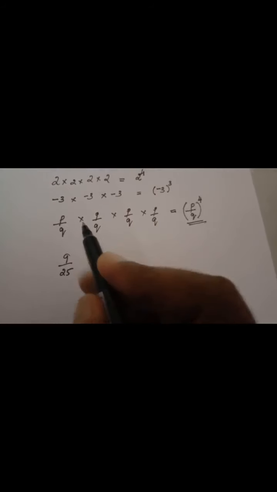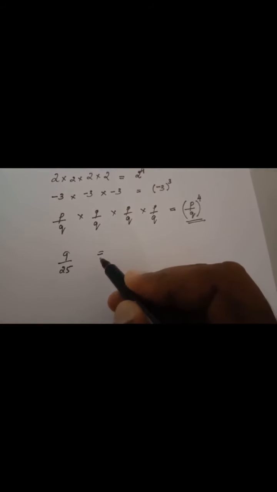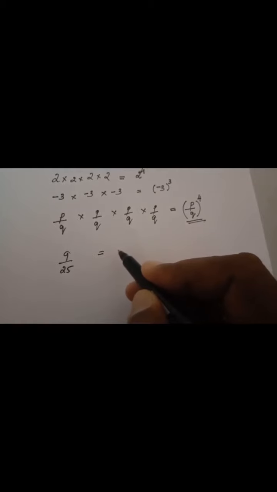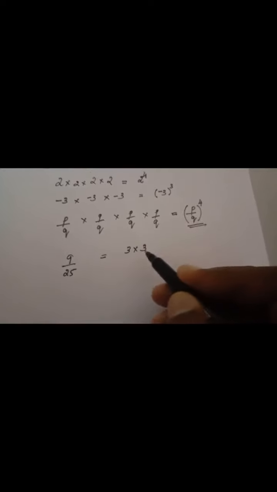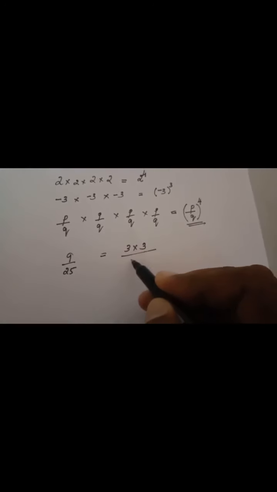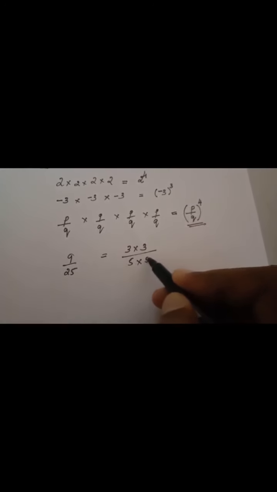Next, we can see how to express a given rational number in exponential form. For example, 9 upon 25. We know that this is a rational number, and we are going to write it in exponential form. Here 9 can be written as the product of prime factors, 3 multiplied by 3. In the same way 25 can be written as 5 multiplied by 5.